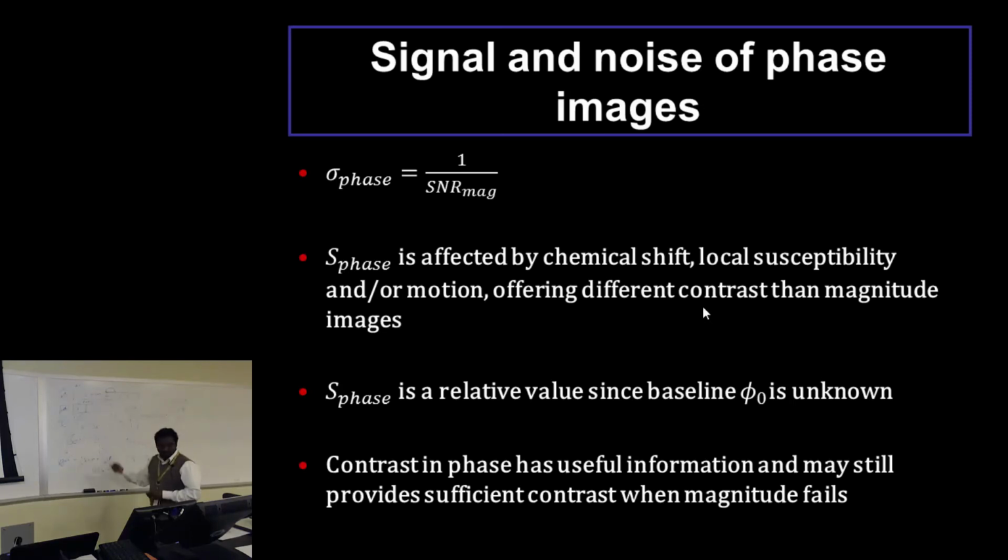I will show you these images in the next class. I don't have them ready in these slides, but that's where the phase image can show you the differences between fat and water, or chemical shift tissues versus tissues which do not have chemical shift, and like I said, susceptibility is one of them.